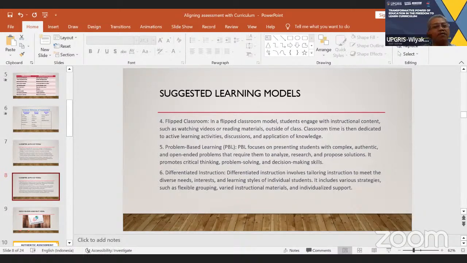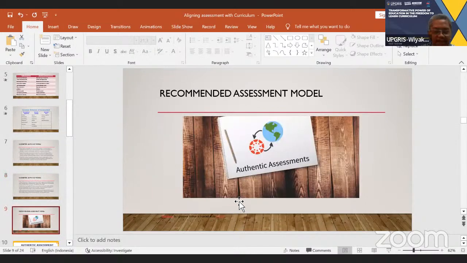So that's why we will know later what kind of assessment, what kind of tests are appropriate or in line with the curriculum. Then we know authentic assessment, of course. Some of us are familiar, maybe all of us are familiar with authentic assessment. Authentic assessment is not traditional assessment.